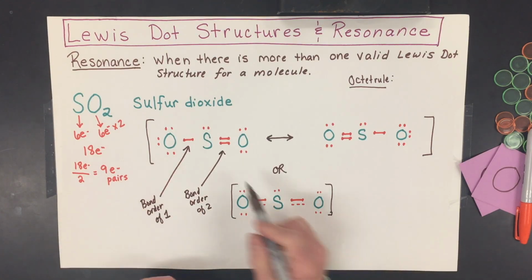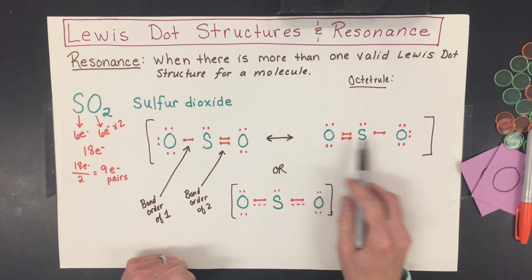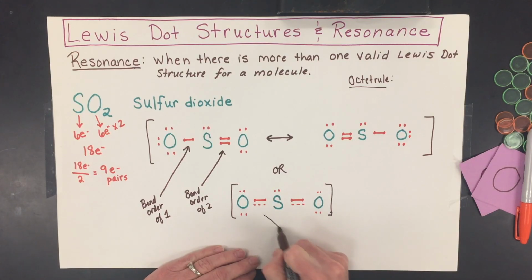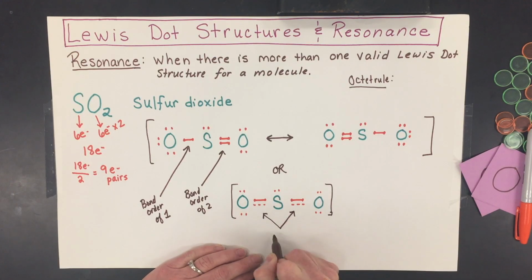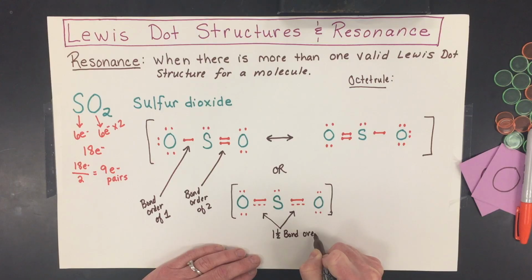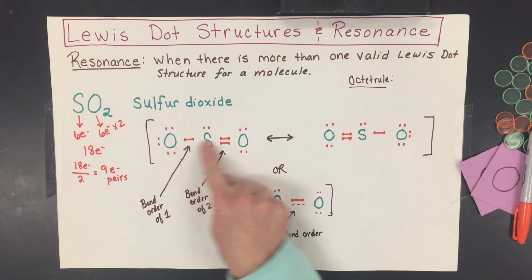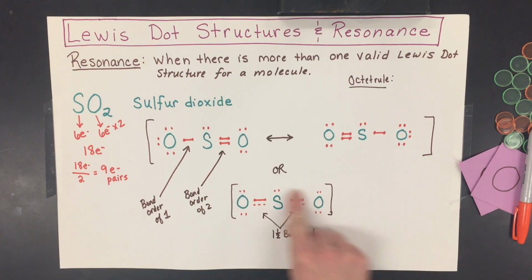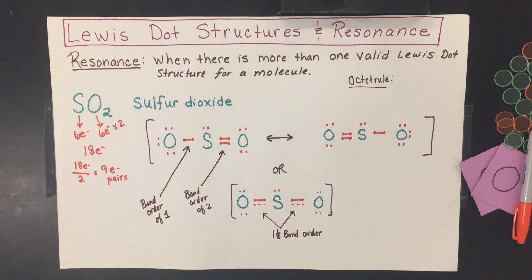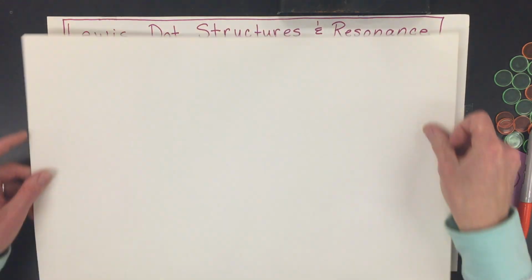And then what happens is if this resonates or moves between these, these bonds are really like a 1.5 bond order, because they really could be in either position. So you can show the resonance this way, or you could show it with one step by drawing that with dashed lines instead. The next molecule we're going to do is sulfur trioxide.